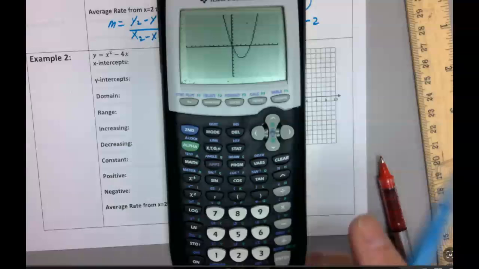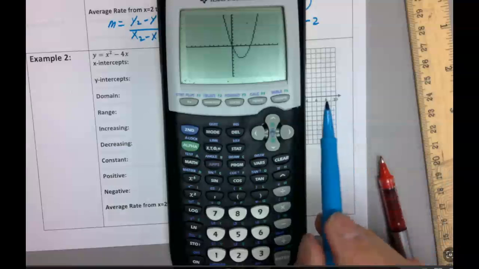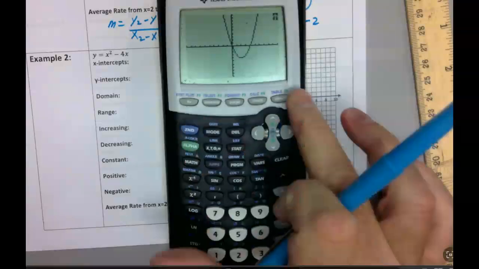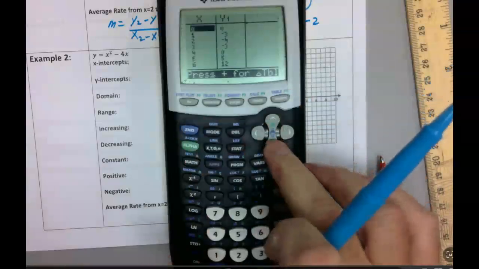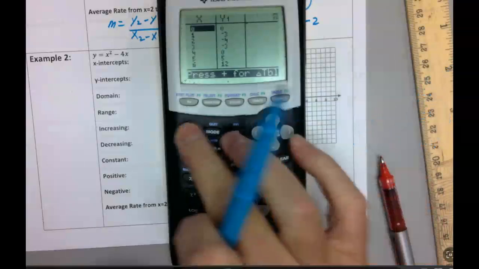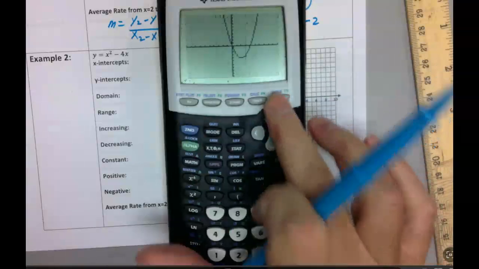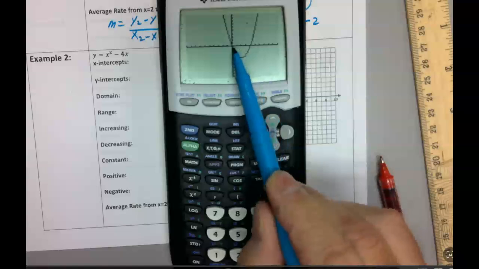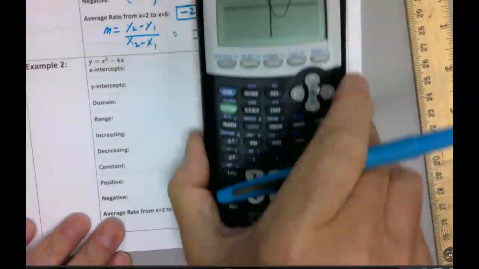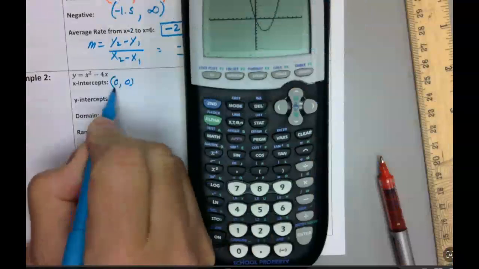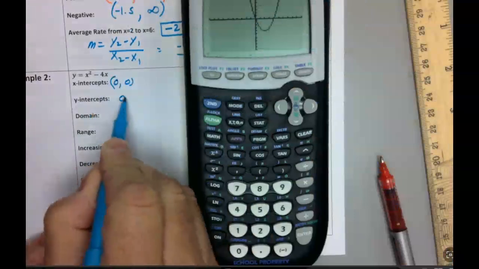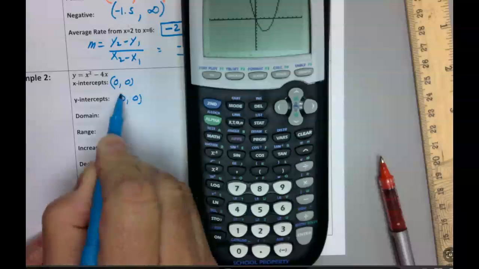Okay, so the x-intercepts are where y is 0, and I'm going to go to my table. It looks like (0, 0). So my x and y intercept, at least one of them, the x-intercept is (0, 0), right there. And my y-intercept is (0, 0), but I only have one y-intercept because it intersects right there.